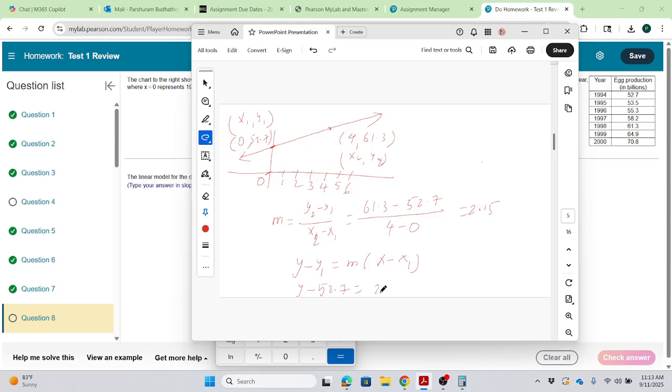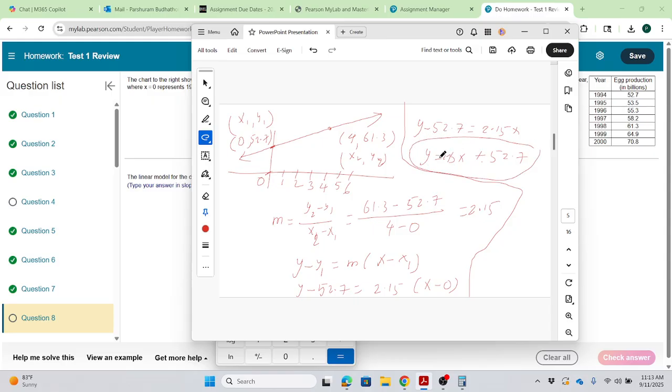The slope is 2.15. x minus x1 is x minus 0. So y minus 52.7 equals 2.15x. So y equals 2.15x plus 52.7. So this is the linear model.